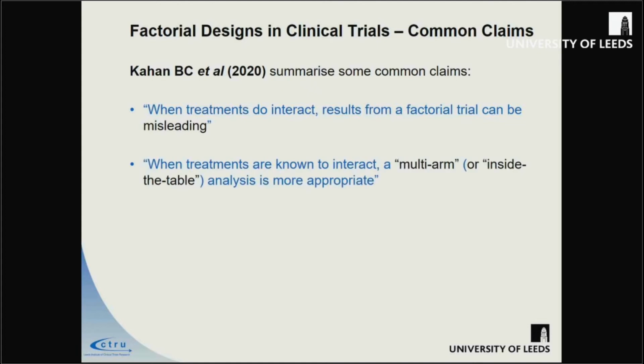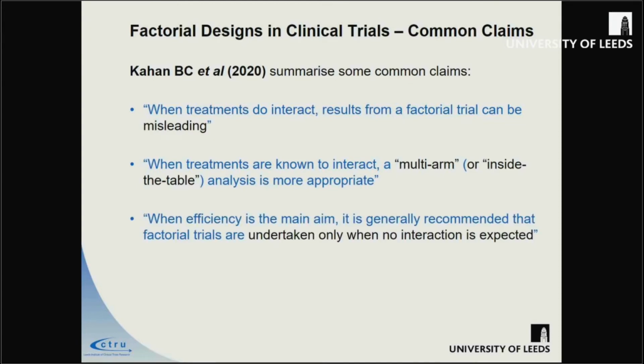That when the treatments are known to interact, you should do a multi-arm or inside the table analysis, and that is much more appropriate. So what you're in effect doing is treating your factorial trial as a four-arm trial and doing pairwise comparisons between each of the arms. And that is what we are taught is the way to do things, if you have the potential to have an interaction.